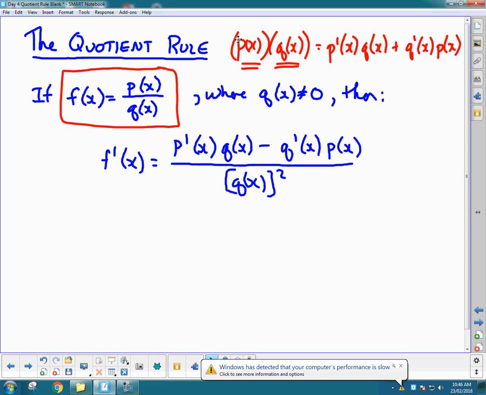So good news is we have the product rule, derivative of the first times the second plus the derivative of the second times the first. The quotient rule, instead of saying first and second, I'm going to say top and bottom. We still want that language out there, so the derivative of the top times the bottom minus the derivative of the bottom times the top all over the bottom squared. So we'll take an example, we'll use the quotient rule, and then I'll show you where it comes from.